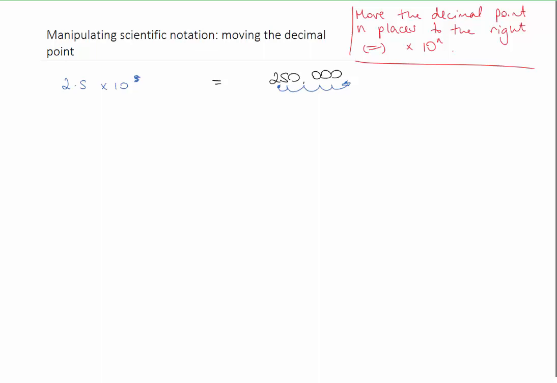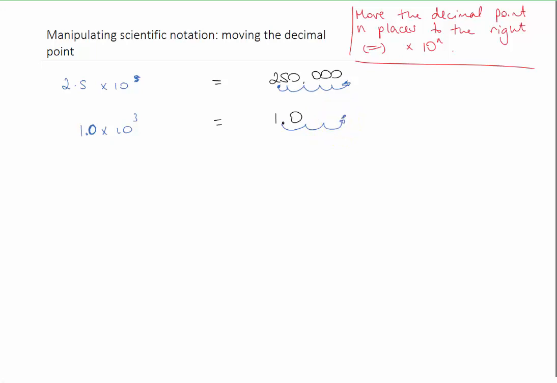Alright, so let's do another example. Let's say 1 times 10 to the power 3. So where is the decimal point there? We can also write 1.0, can't we? So any whole number is that whole number point 0. So you've got 1.0, and you move the decimal point 3 places to the right. 1, 2, 3.